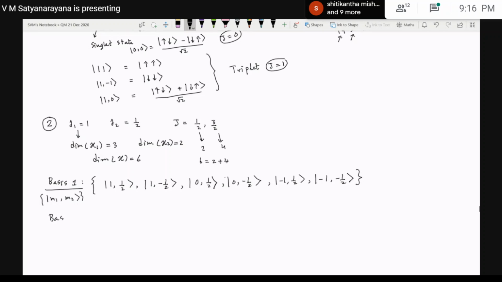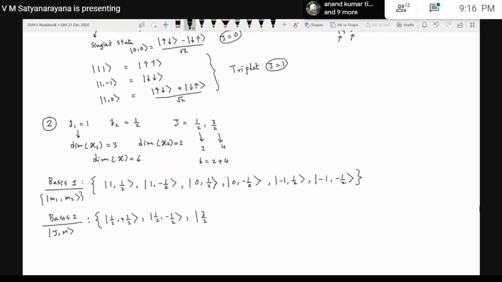Now let's write basis 2 states. Basis 2 is JM states. Now capital J can be half, and M can be minus half, or it can be plus half. These are the two possible states with capital J equal to half.